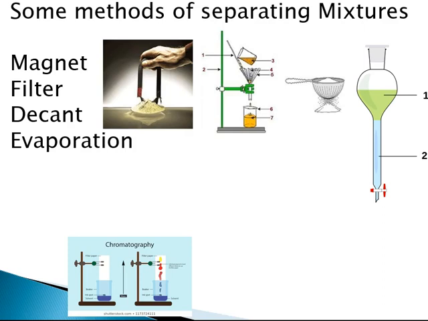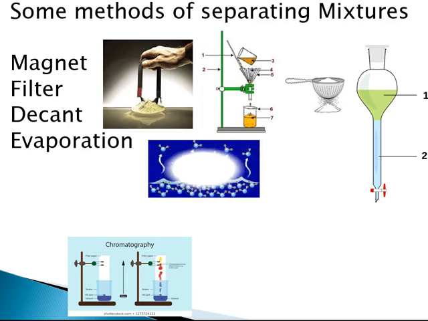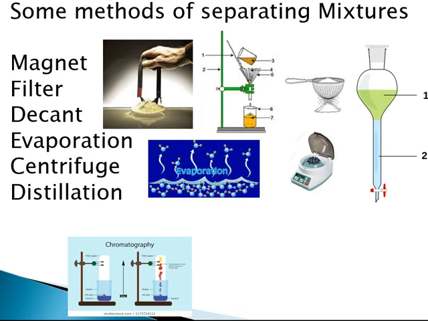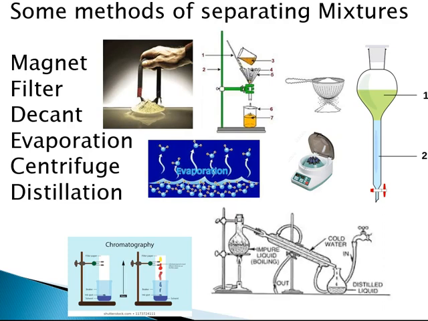Evaporation, you could separate something that was a liquid and something that was a solid by evaporating out the liquid. And you can centrifuge to separate. Usually centrifuge is used to separate the different components that make up blood samples. It's separating things, once again, based on their density. You can distill something. Distillation is using an evaporation condenser that separates liquids with two different boiling points.